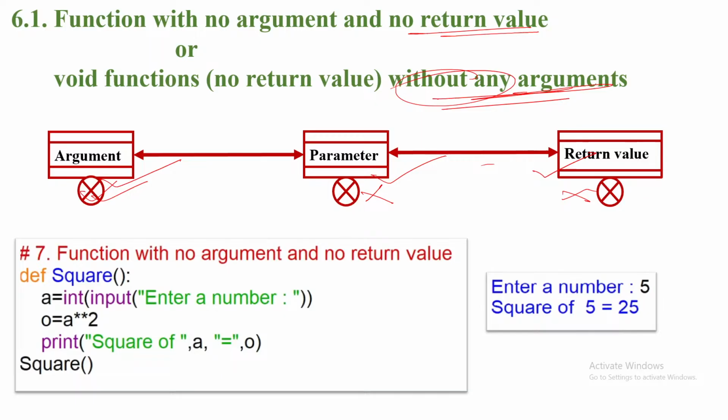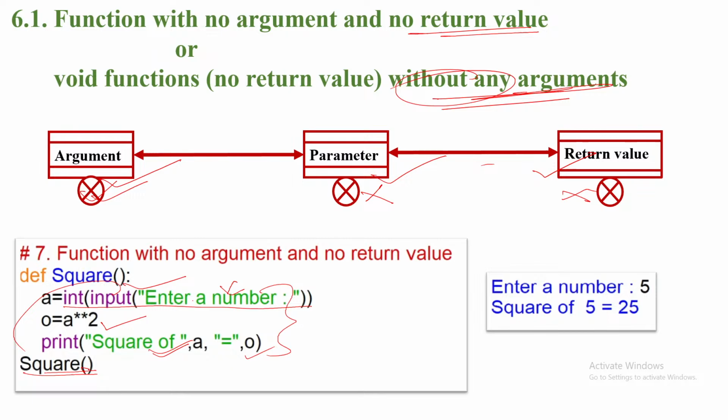Okay. How will you use it? Like this: define a function square, take int input, that means we are taking the number inside of the function, solving, and we can call the print command also here only. Everything we are doing internally only. So whenever we call the function, it will come here.